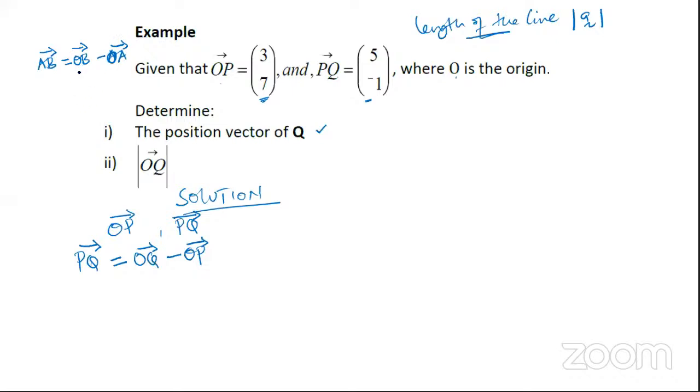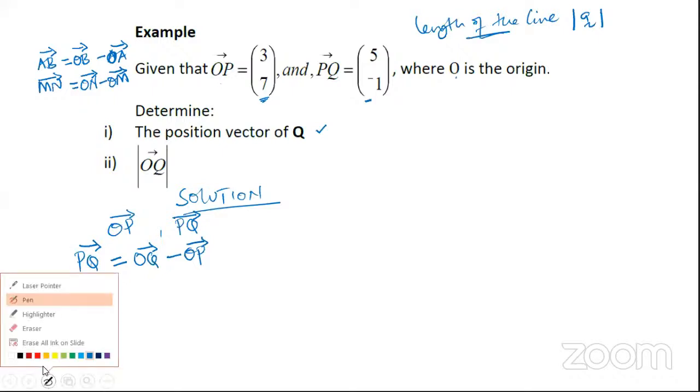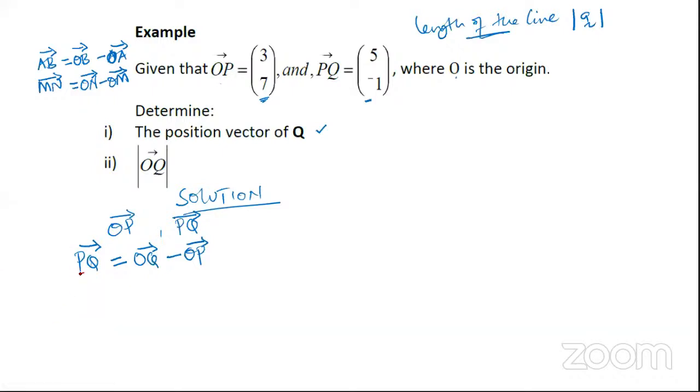This is something key as far as our coverage is concerned. If you have vector MN, you're supposed to separate this as ON minus OM. Don't forget to indicate that they are vectors. That's the very first step. But remember, PQ is given, and OP is given, but we need OQ.